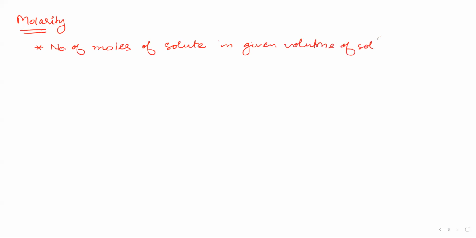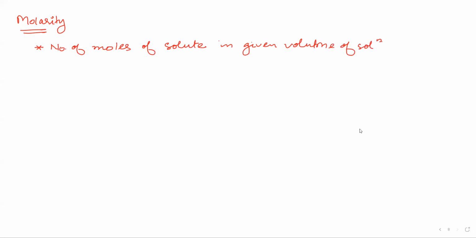Molarity. So you have to define molarity. Molarity is a concentration term. It is defined as the number of moles of solute in a given volume of solution.